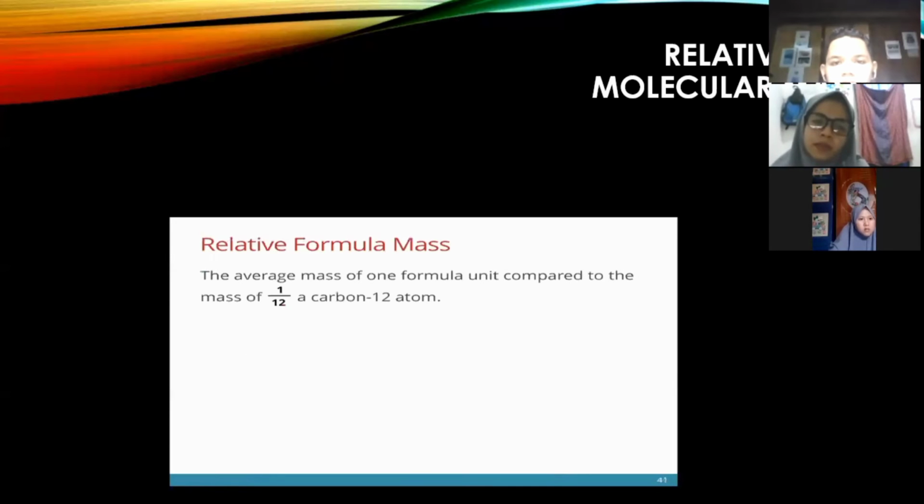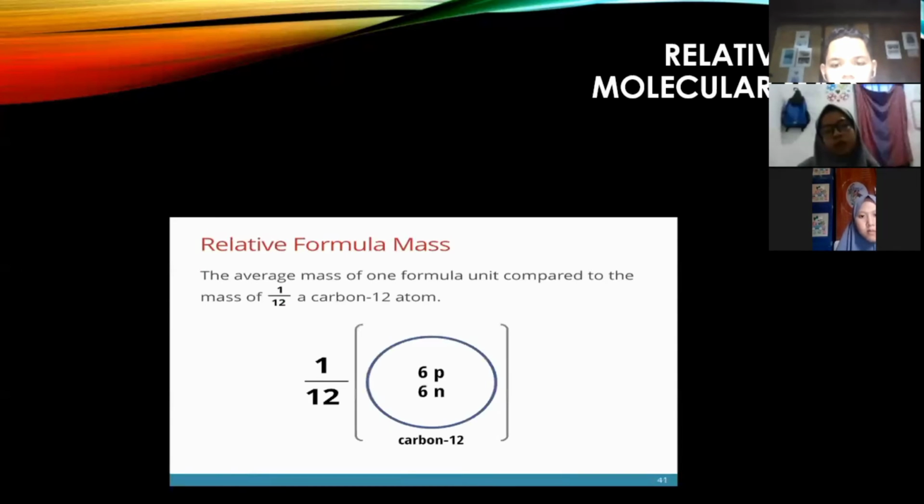I want to introduce one more term here, which is the relative formula mass. The relative molecular mass only applies to covalent substances because they exist as molecules. But when we talk about ionic compounds, we can't use the word molecules anymore. So we have to use what we call a formula unit. So the relative formula mass applies for ionic compounds only.